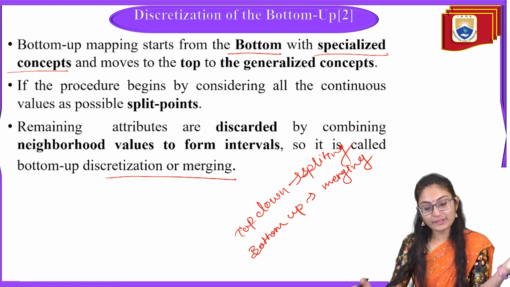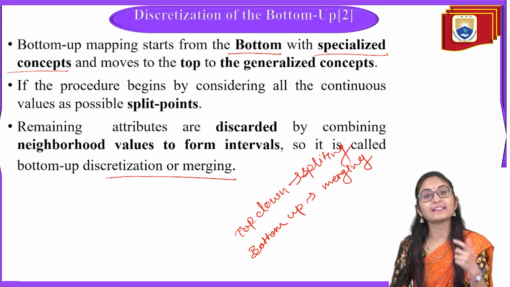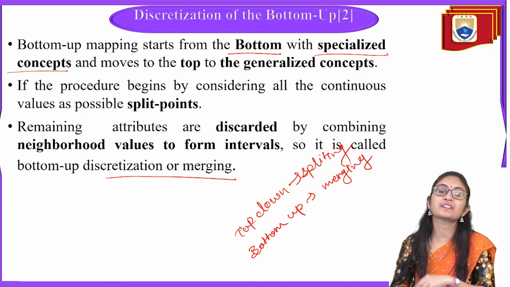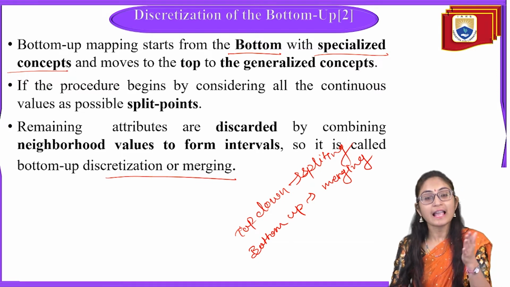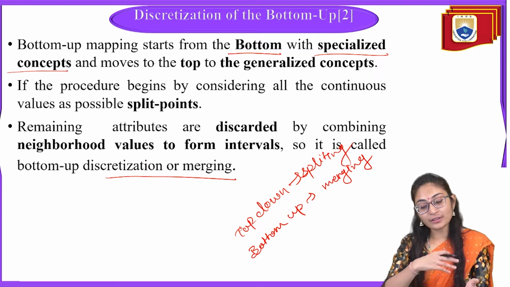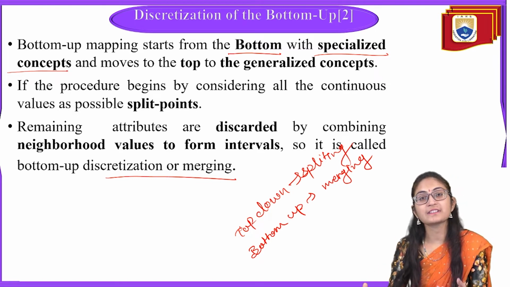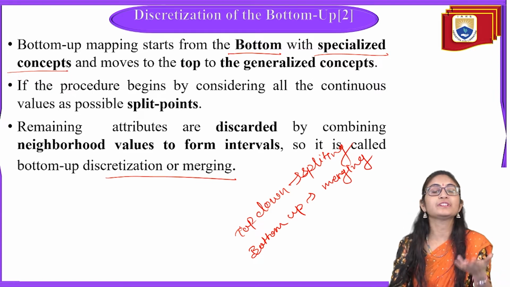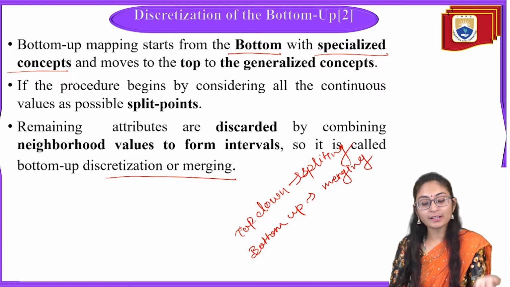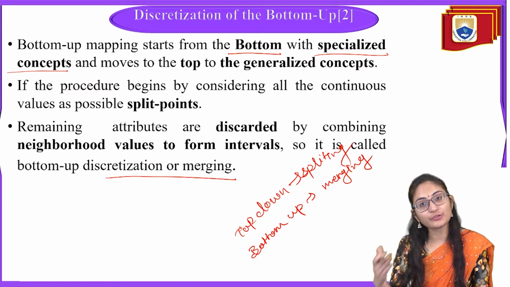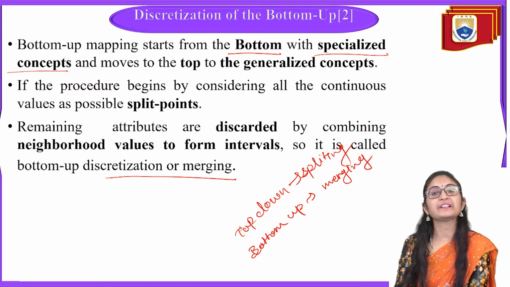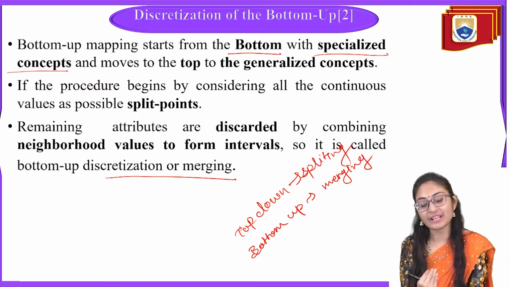At the bottom it contains specialized data, and the generalized concept is involved only at the top. Here you first split your points, and after splitting you merge that data.